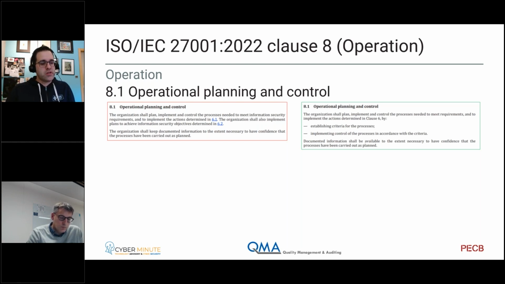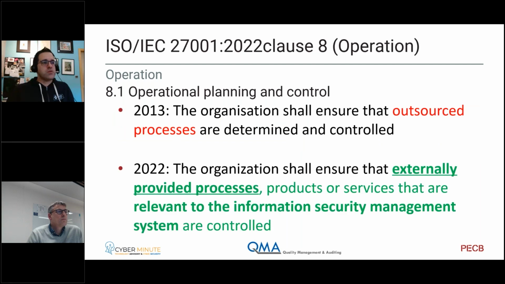So as Stefan mentions. The other one I mentioned before is clause 8 on a high level, operating the system. In essence, 8.1 is operational planning and control. You see that the organization of this item has been split up into some clear items, and very important also that you see some changes in terminology.